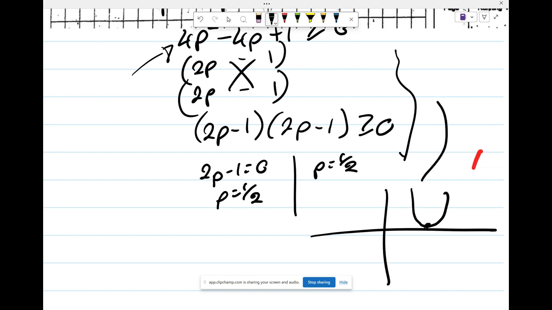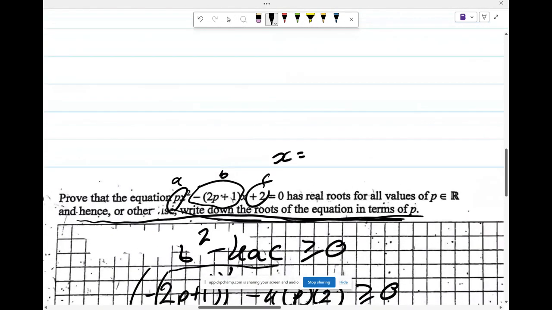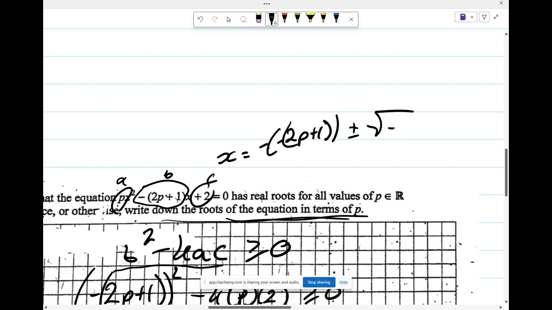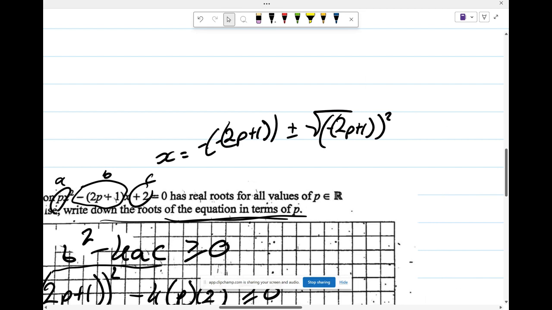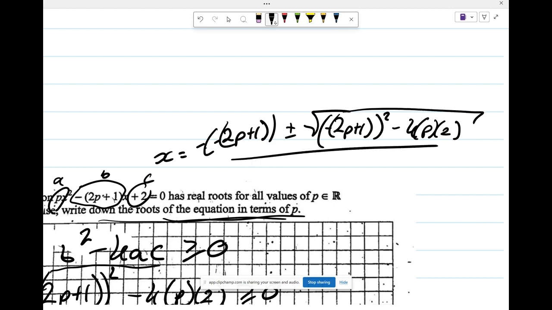This is this quadratic up here, not this one. So here we'd actually have minus 2p plus 1 plus or minus the square root of minus 2p plus 1 squared, and minus 4ac, or sorry, minus 4p 2, all over 2p.